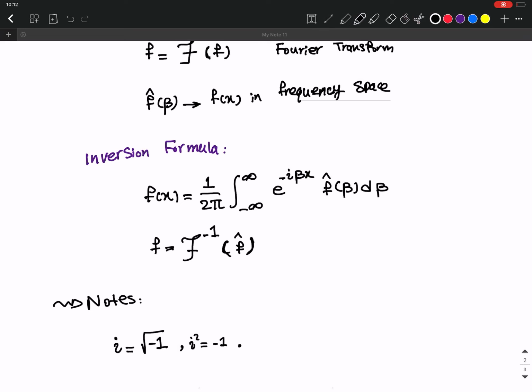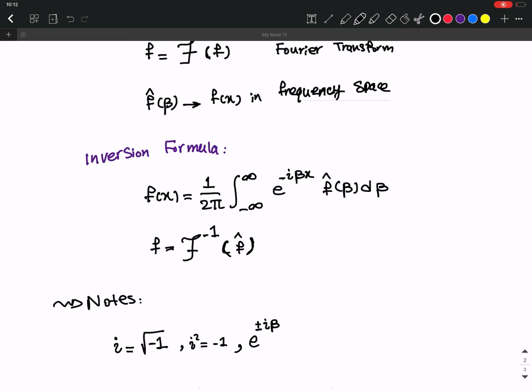And then this has an expression that we can write. This has a mathematical expression that we can prove, but I just write it down here.